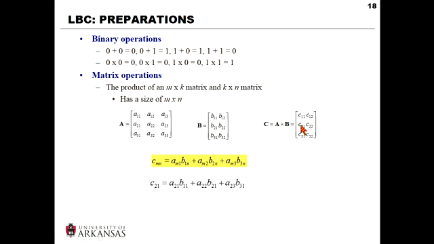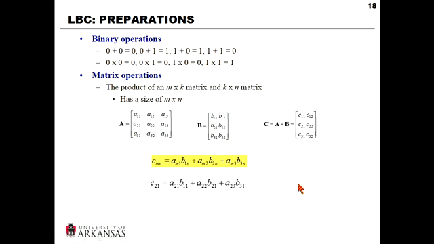And the element on the second row and the first column of C is obtained by using the second row of A and the first column of B, okay? And in general, the element on the mth row and nth column of C, C_mn, is obtained by multiplying the mth row of A and the nth column of B. Okay?